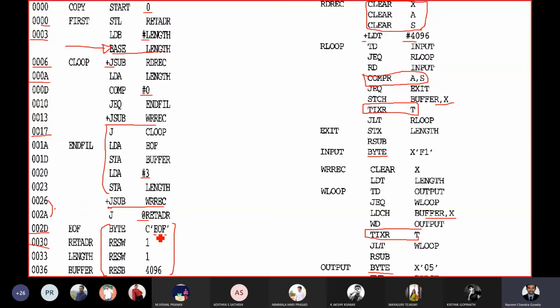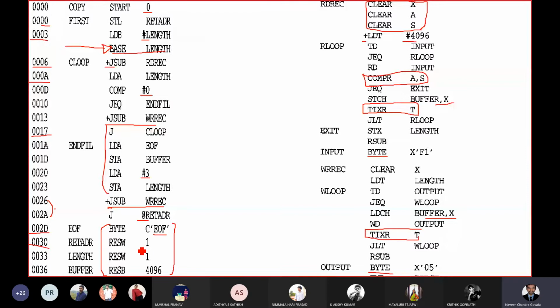It is because you need to allocate based on the C. I hope you remember, we have discussed this many times: if it is a WORD instruction, irrespective of the operand, you have to allocate only 3 bytes. Whereas in the case of a BYTE, you first need to identify the length of the operand.